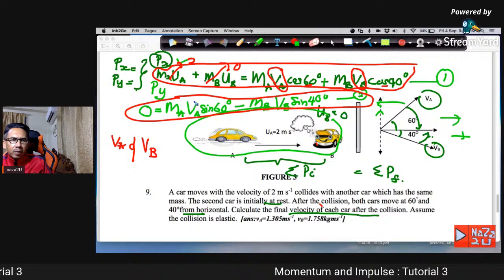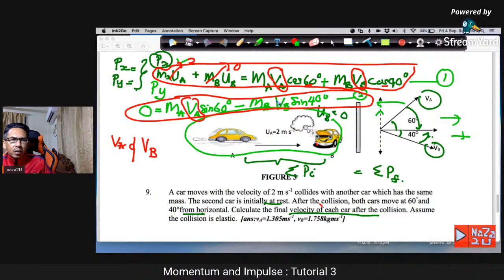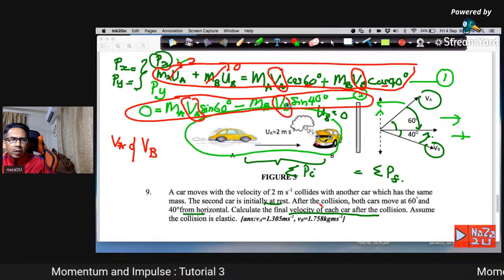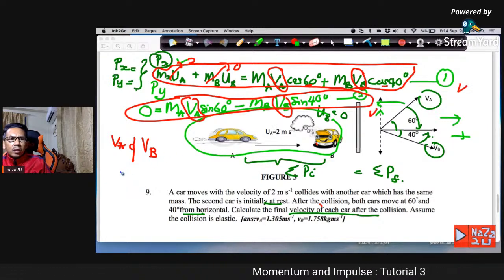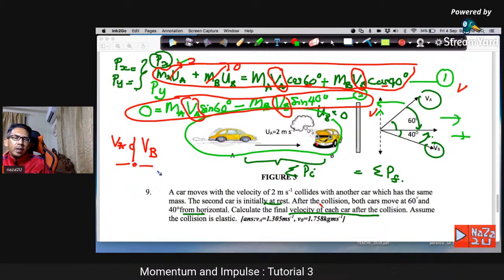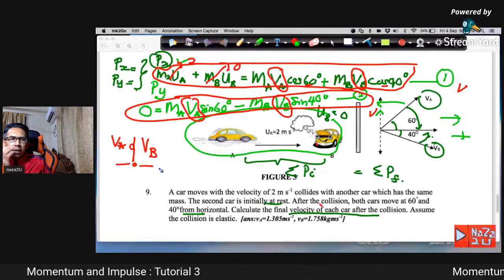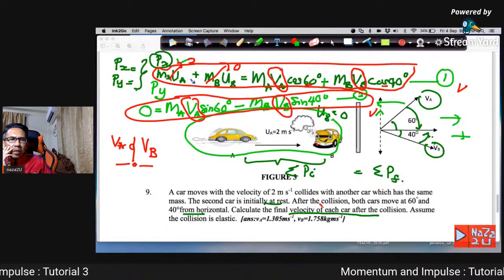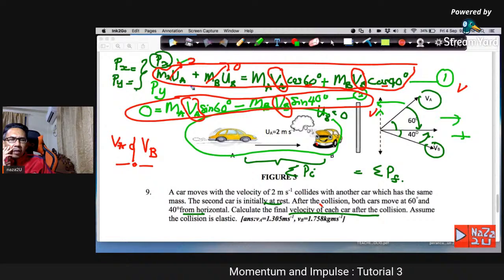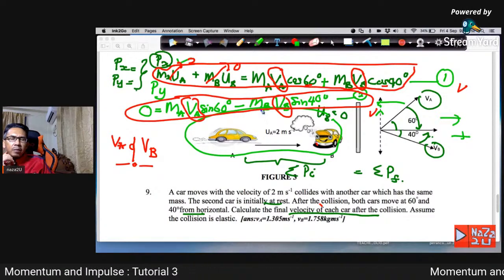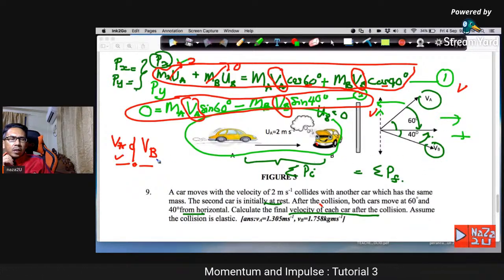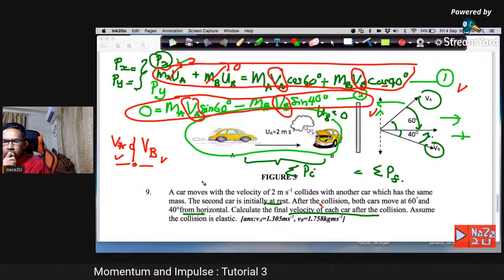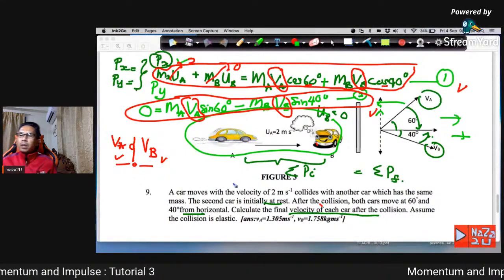Sama juga dalam sini, dua item yang kamu nak cari kat sini. Tapi kamu ada dua persamaan, first equation and second equation. So kita boleh guna kaedah simultaneous ataupun kaedah gantian. Itu matematik lah. Yang penting kat sini, kalau kamu tengok yang fiziknya, cuma macam mana kita boleh terbit dua persamaan sini. Okay, bila kita terbit dua persamaan ini, kita boleh gunakan nanti persamaan itu untuk dapatkan dia punya VA dan VB.